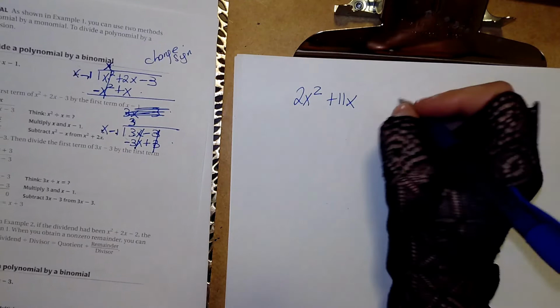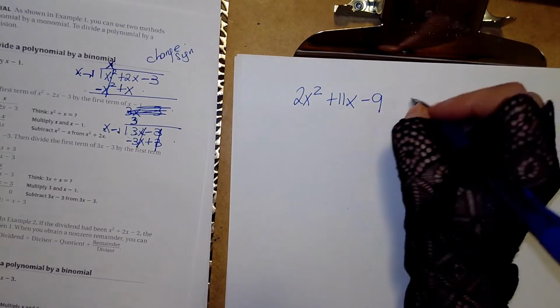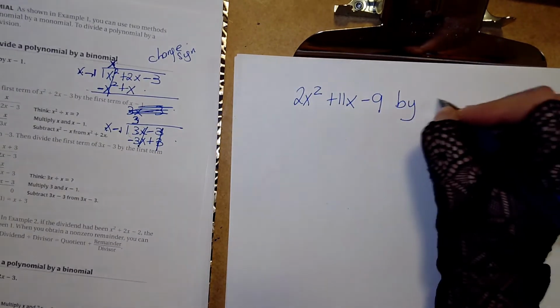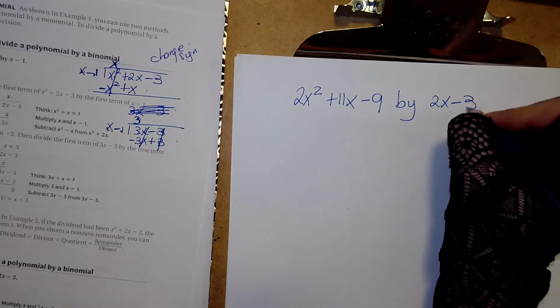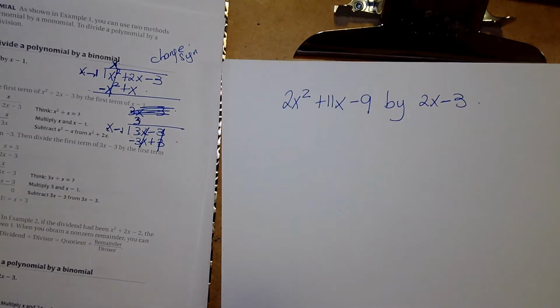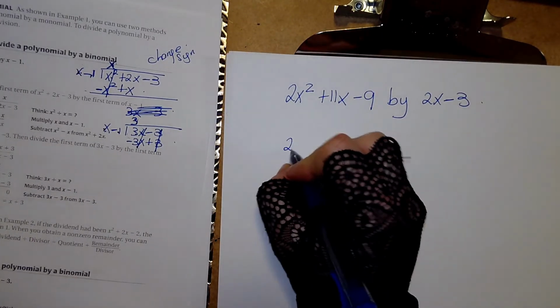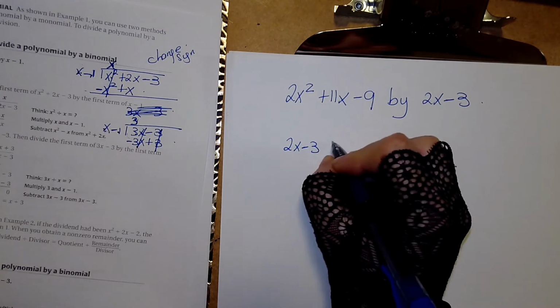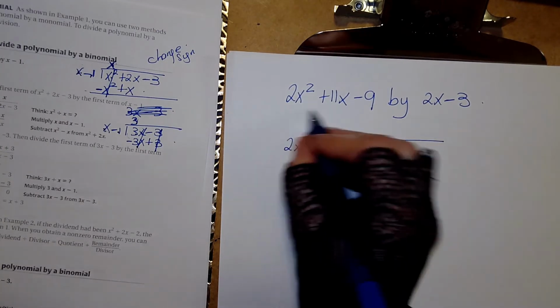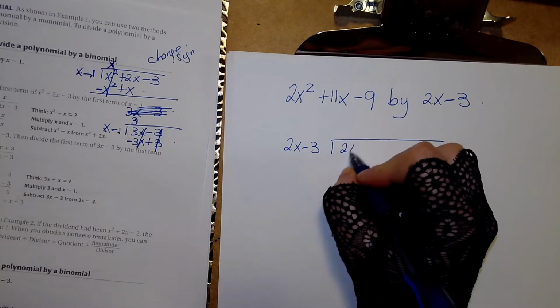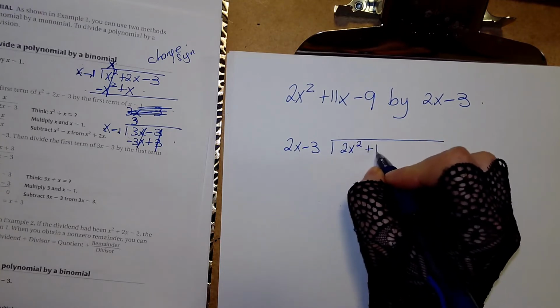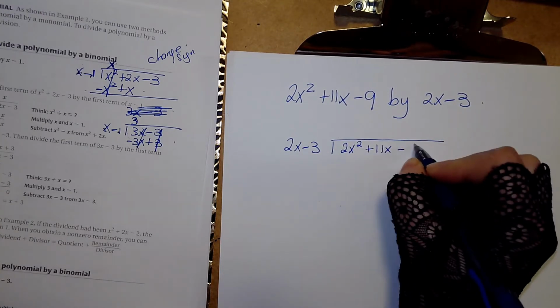This way I've got lots of room. Minus 9 by 2x minus 3. Okay, so I'm going to write 2x minus 3 divided, always make sure it's in descending order, into 2x squared plus 11x minus 9.